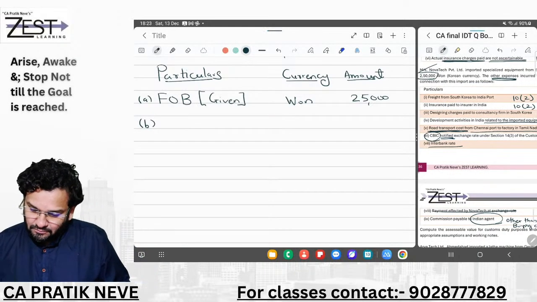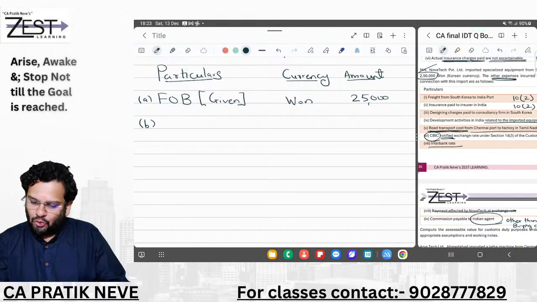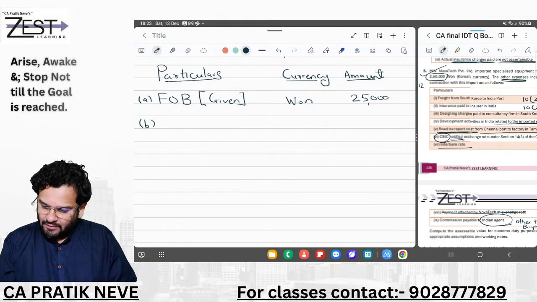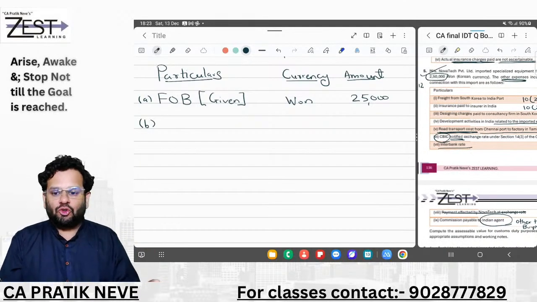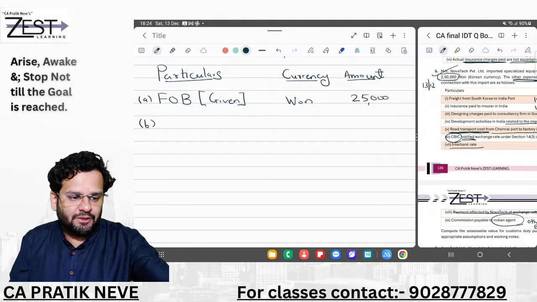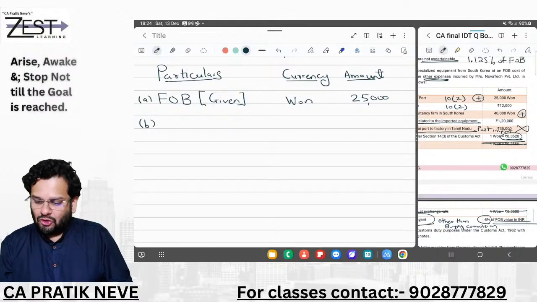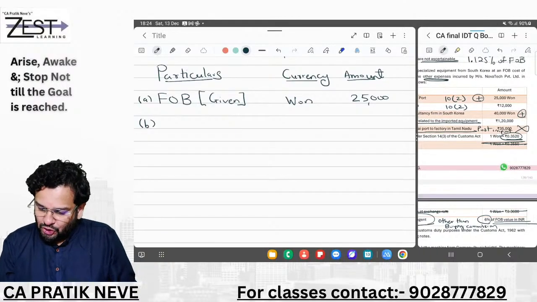So freight from South Korea to the Indian port is fine. That is an adjustment of 10(2), from exporter's port to importer's port. Then you have insurance, also an adjustment of 10(2).